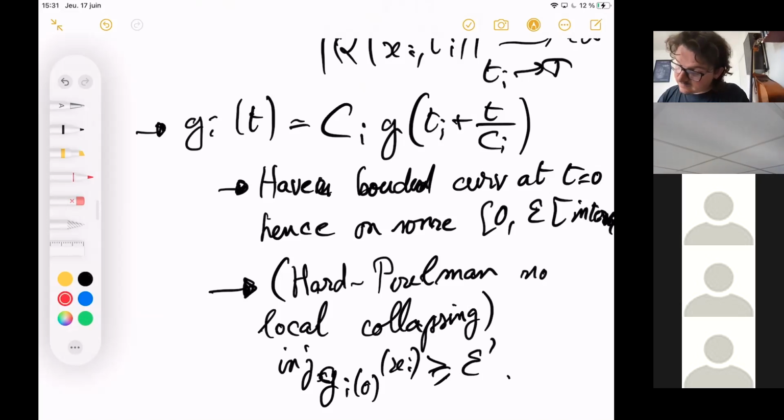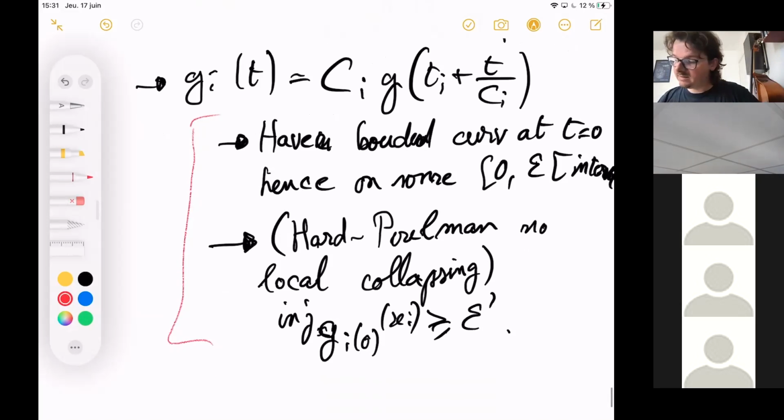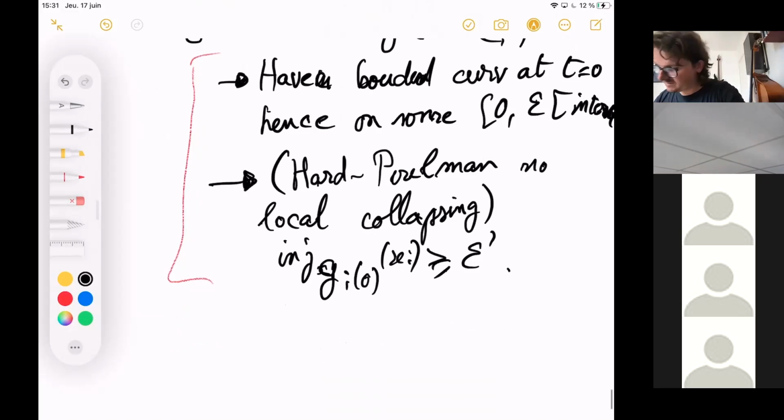And those two, so now we are back more or less at the first lecture where we talked about smooth convergence. This is actually enough to show smooth convergence.